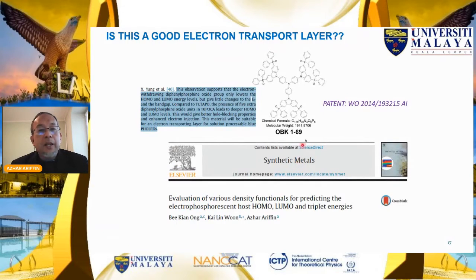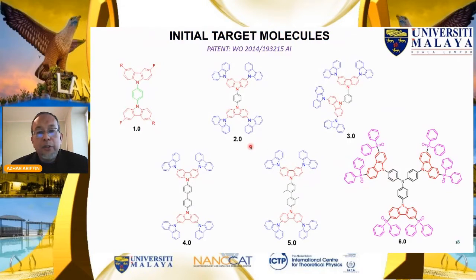So our research started from this molecule when my friend from physics, Dr. Woon Kai-Lin, designed this molecule computationally, and he said this molecule is probably a good electron transport layer. Then he designed more molecules as shown here. This is our designed compound, and we have patented it.